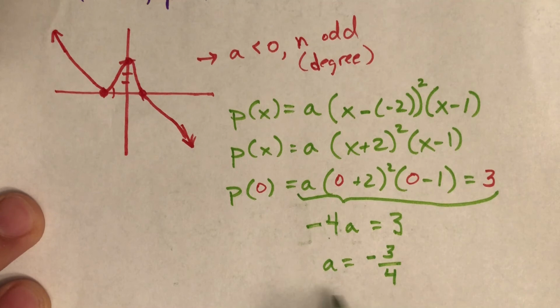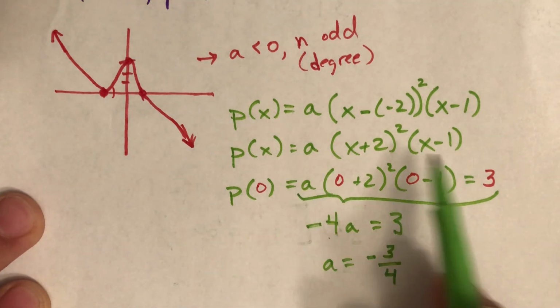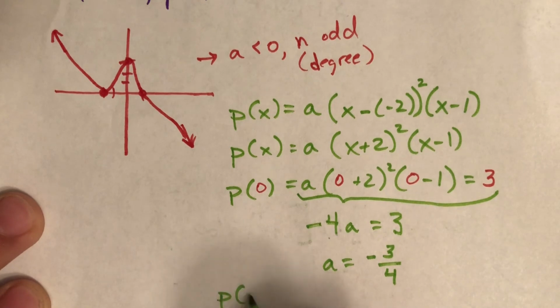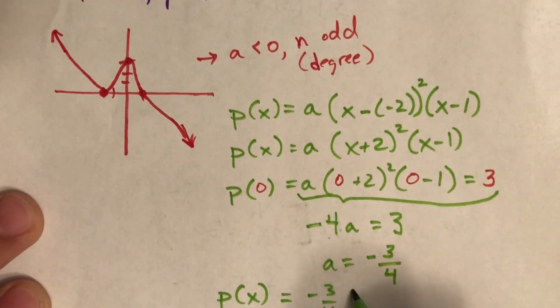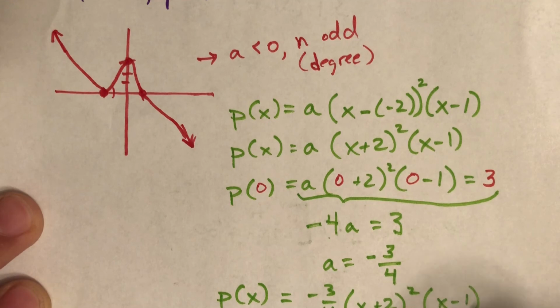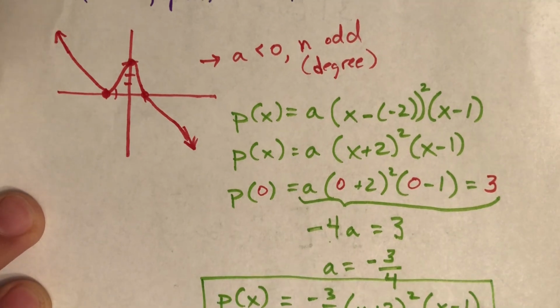So we have our a value, and now we just plug it in. p of x is equal to negative 3/4 times x plus 2 squared times x minus 1. And we have done it.